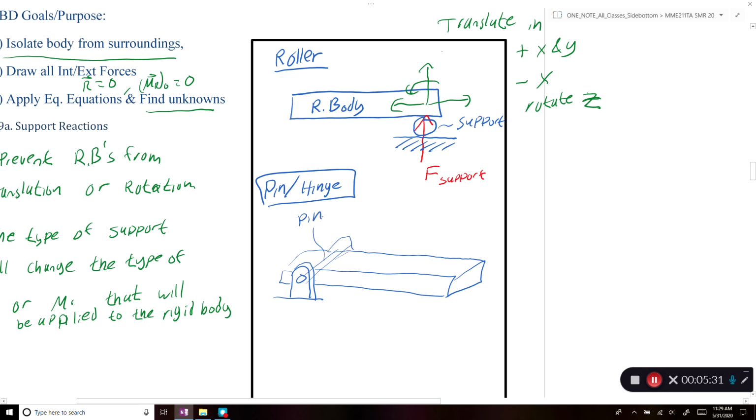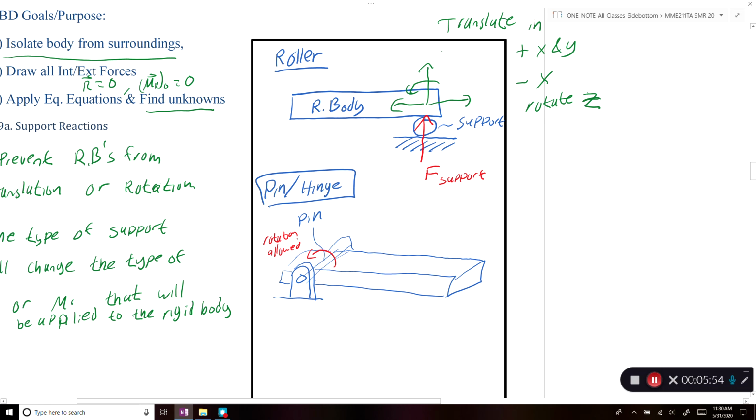Now that pin only allows the body to rotate. The body can't translate at all.